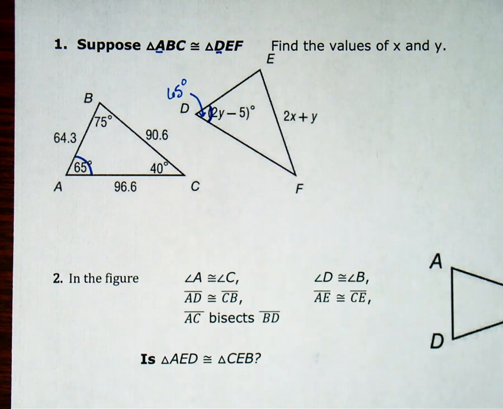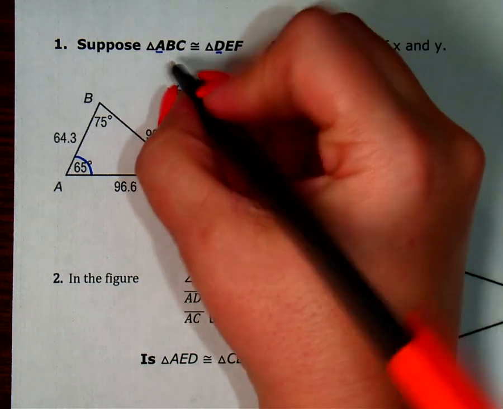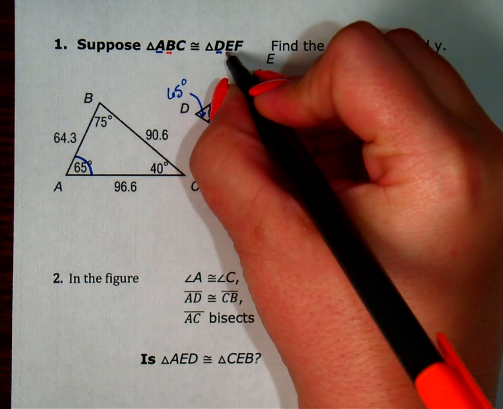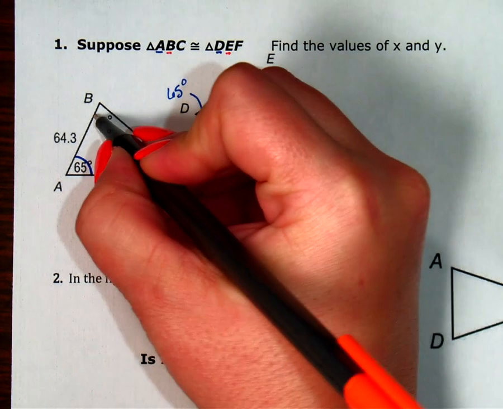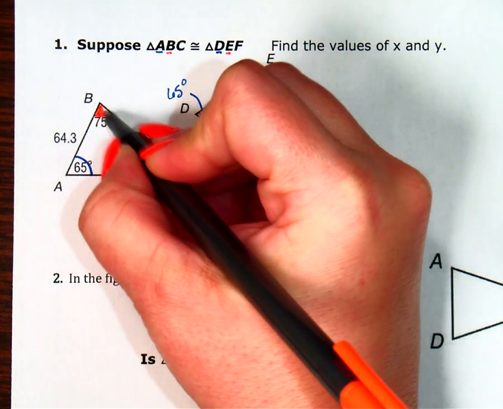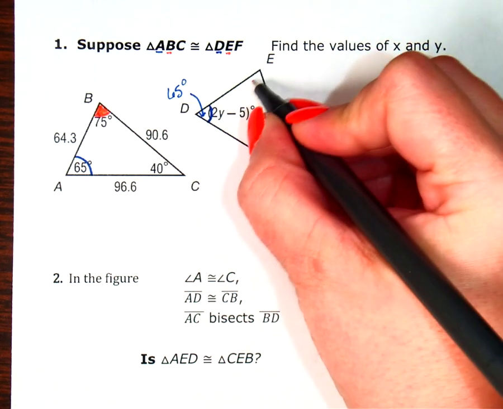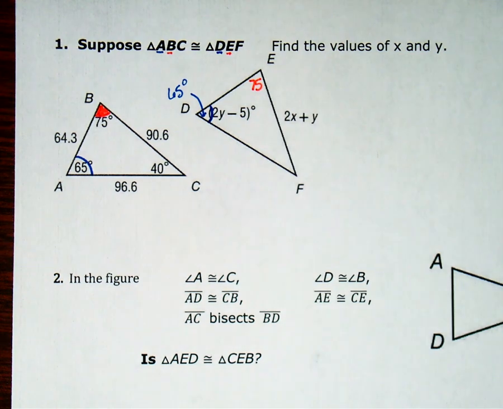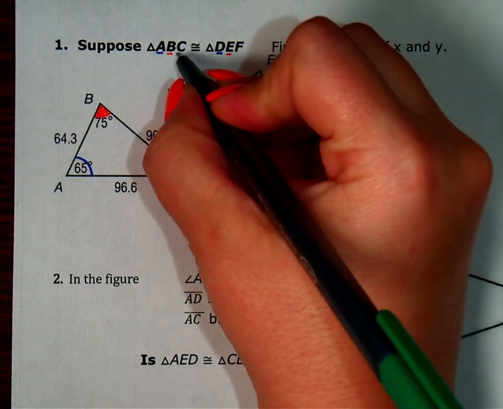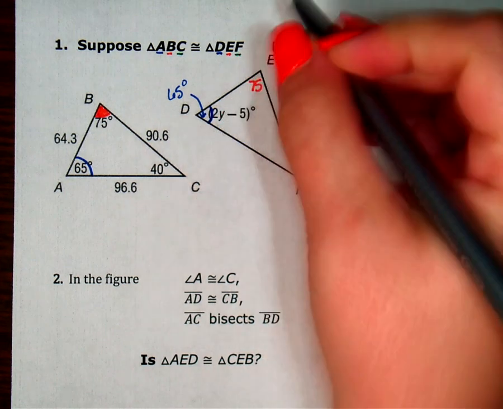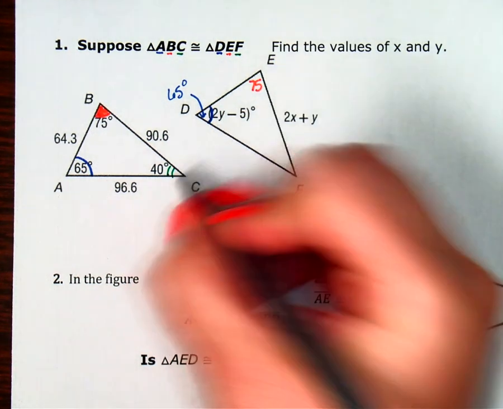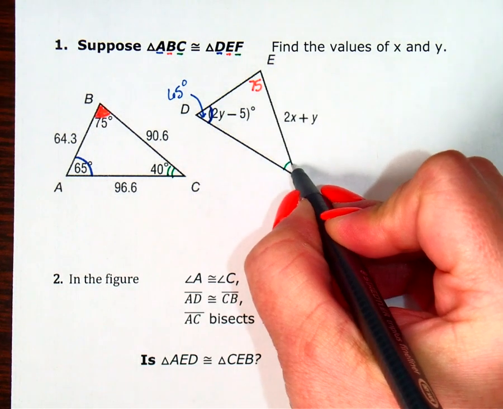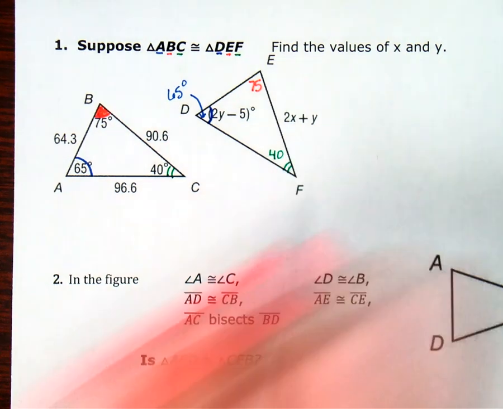I can say, all right, well that means that angle B is going to match with angle E. So angle B is 75 degrees. So I know that means angle E is 75 degrees. Okay. And then angle C and angle F match. So angle C is 40 degrees. That means angle F is also 40 degrees.